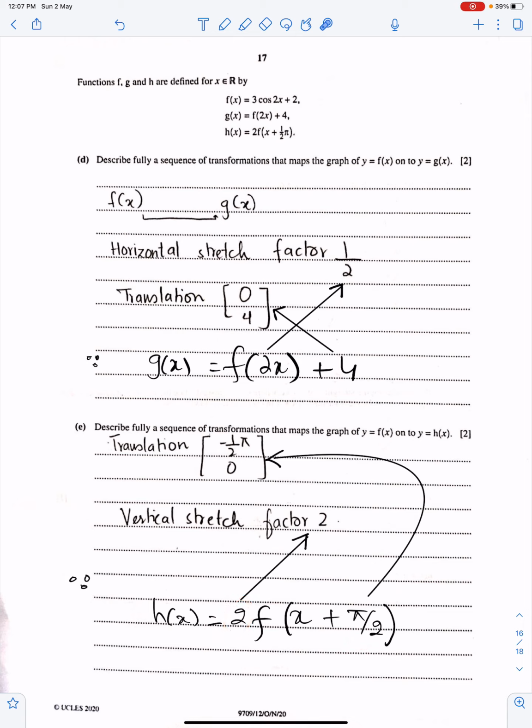Again we have two transformations, HV or VH. You can explain in any way. So translation minus pi by 2 and 0 followed by vertical stretch factor 2, or vice versa.